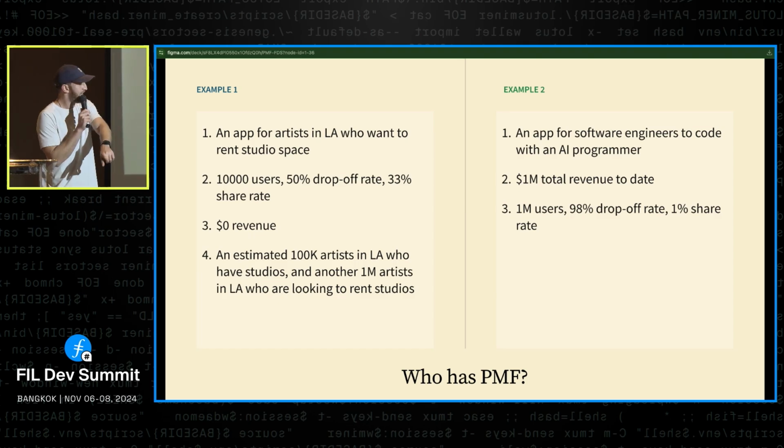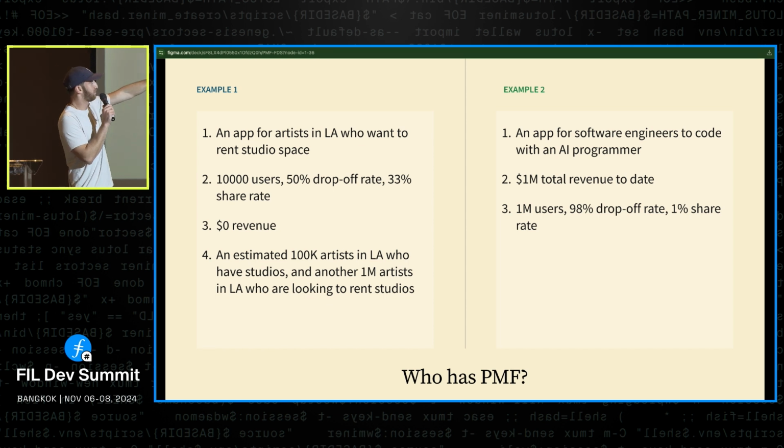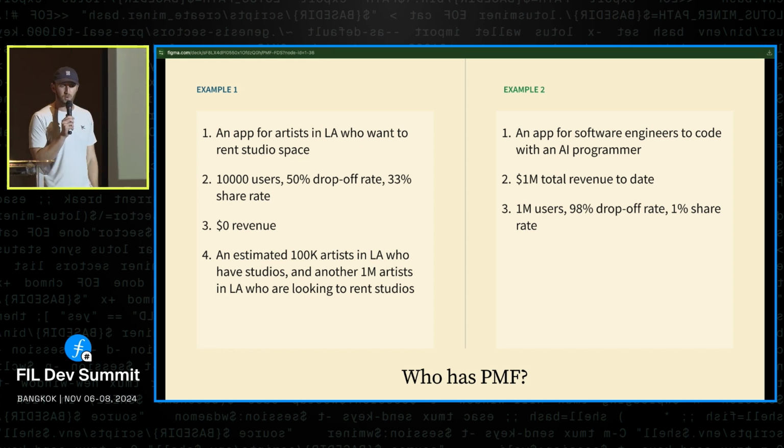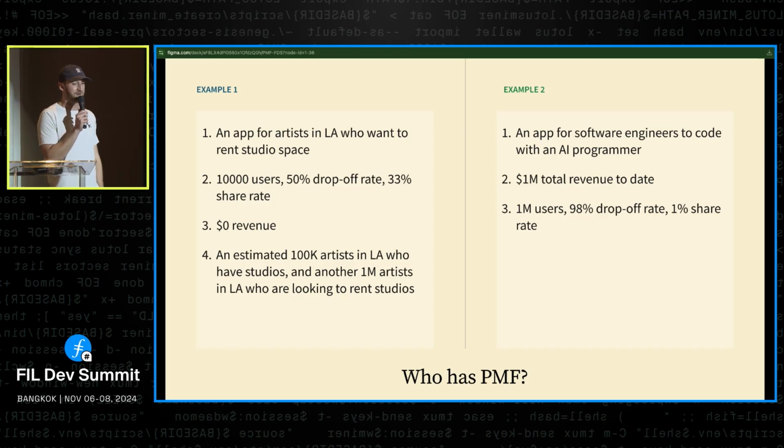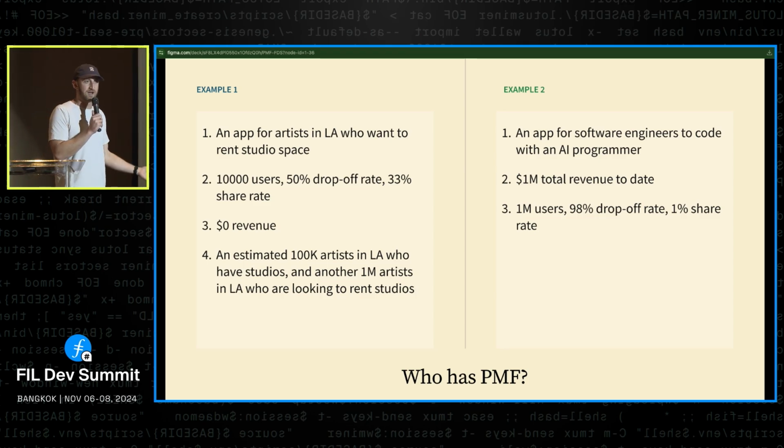But you'll notice out of their 1 million users, 98% of them drop off and basically 1% share them. The thing you'd want to see here is, how much money did this company actually spend to make the $1 million in revenue? If we're just paying for growth and these users are dropping off, we still don't have product market fit, even though we have revenue, right?